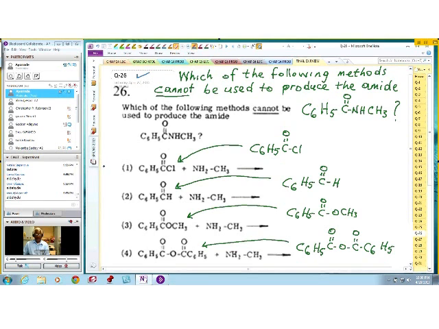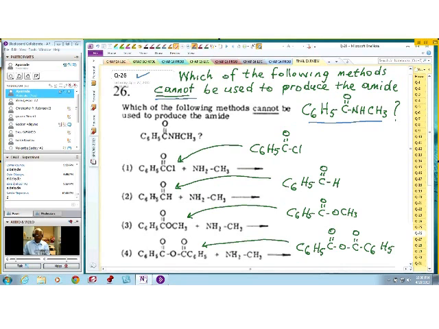Okay, thank you. So what this question is asking is, which of the following methods cannot be used to produce this amide right here. In this case you have benzoic chloride.